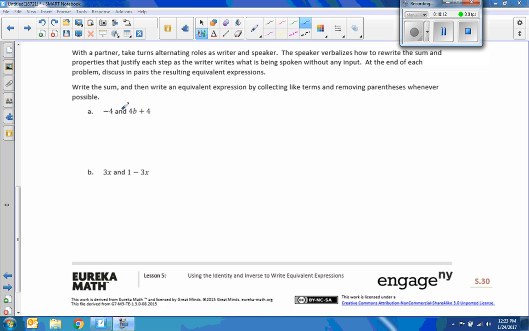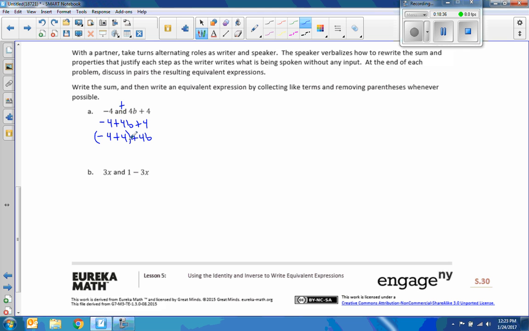Okay, so here we go. Here's the word and, that's where the plus sign goes. So I'm going to write this as negative 4 plus 4b plus 4. Then I'm going to move my 4's together. So I'm going to put negative 4 plus 4, and then put the 4b off to the end. I just move this over here and this over here. That is the commutative property of addition.